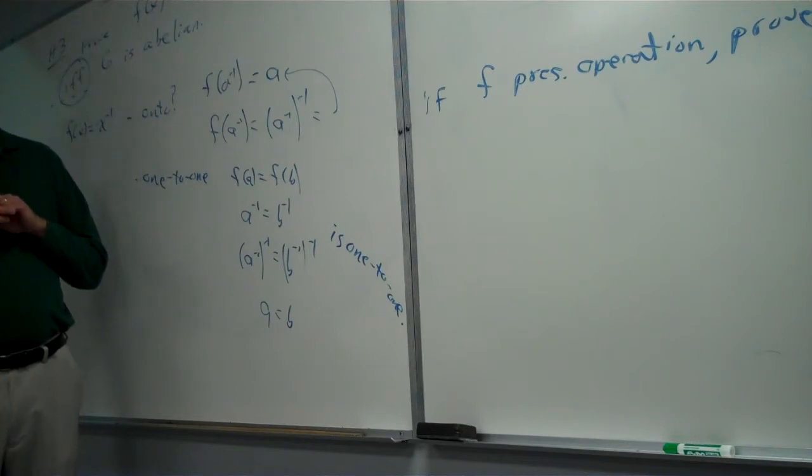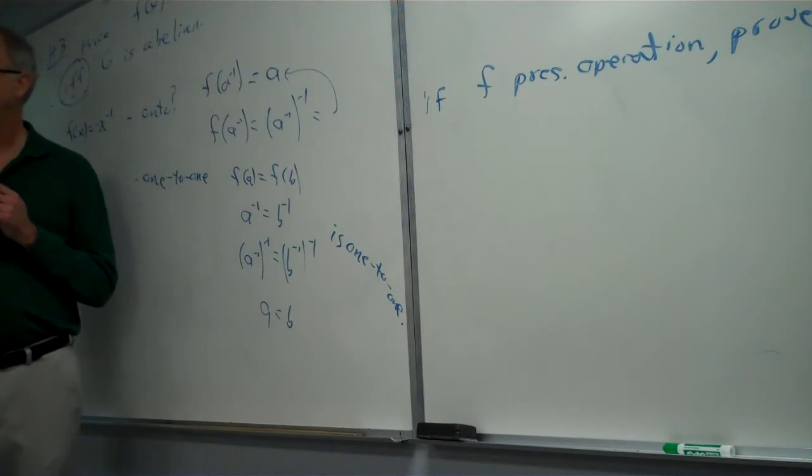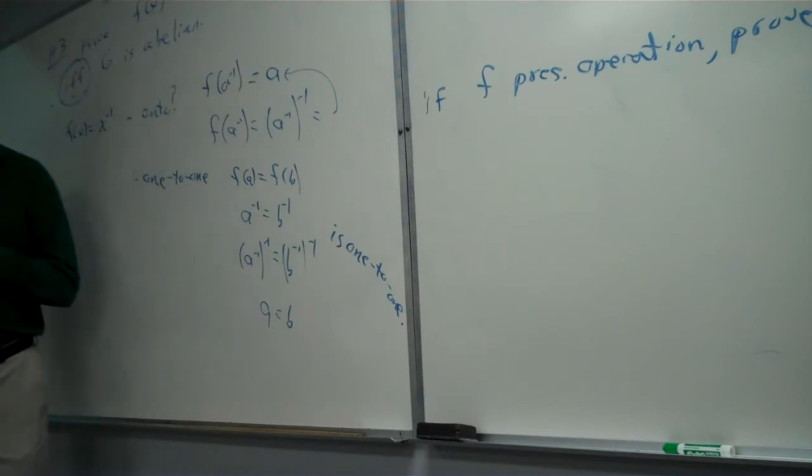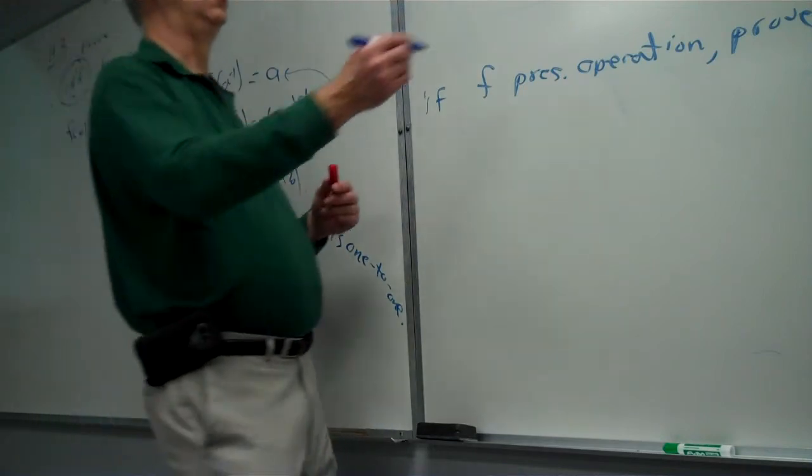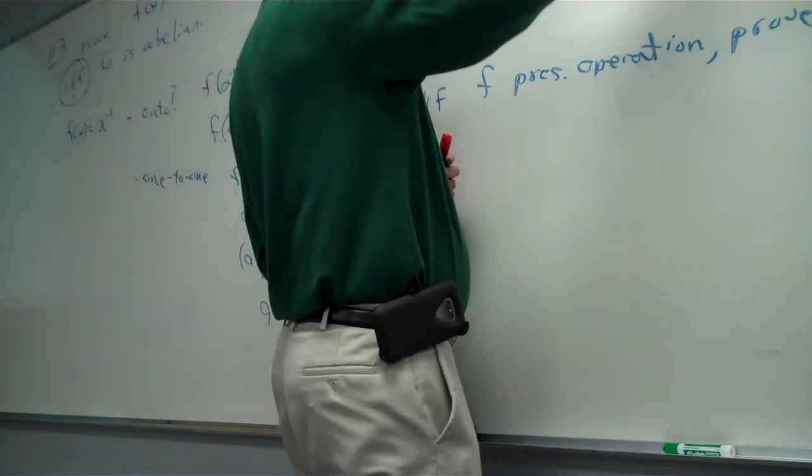So f of AB, what's that equal to? What does our mapping do in this particular case? It takes the inverse. So it's the inverse of AB.